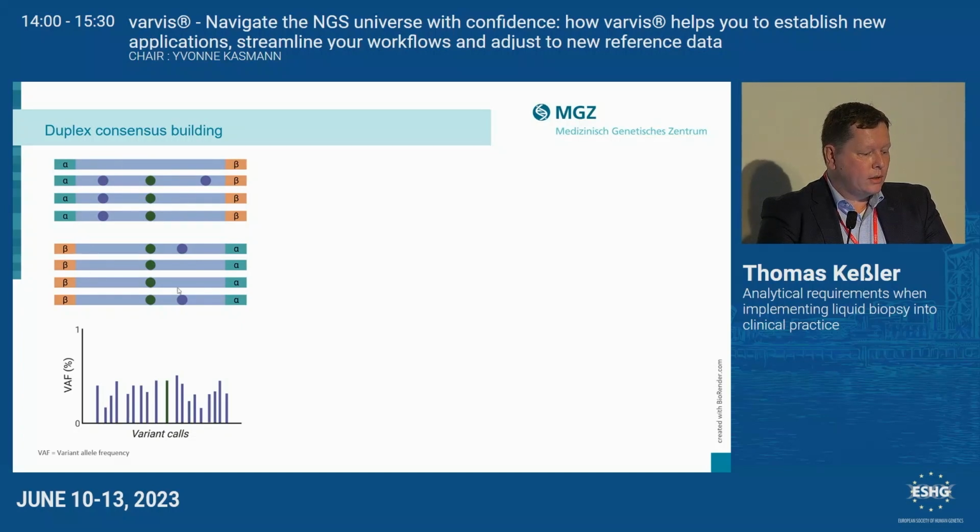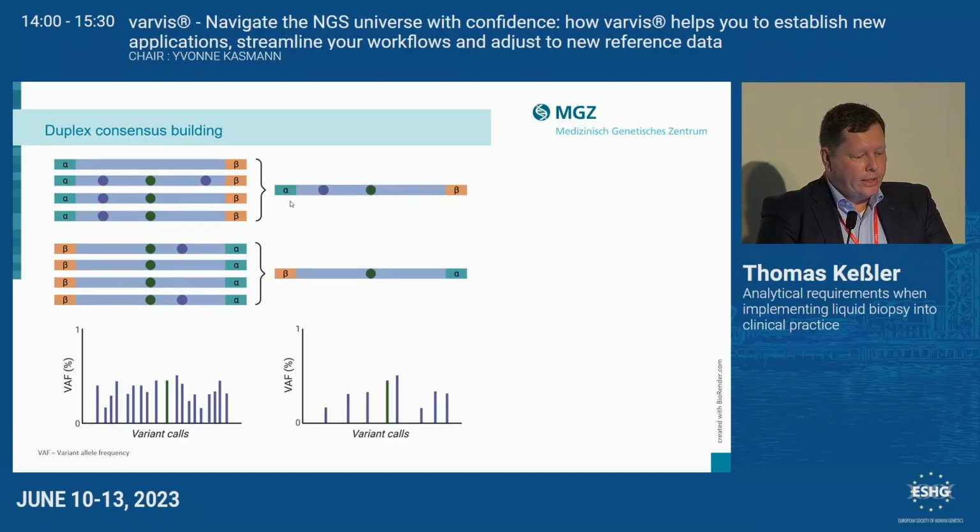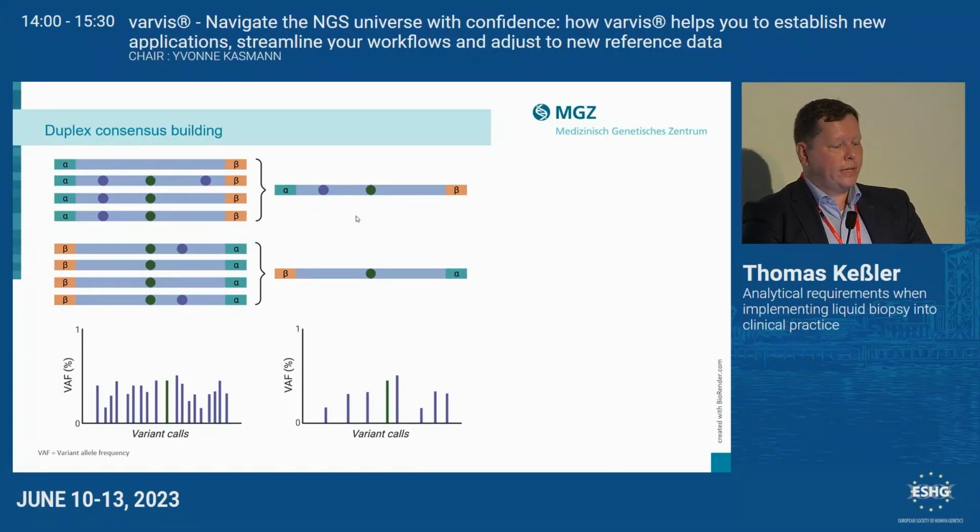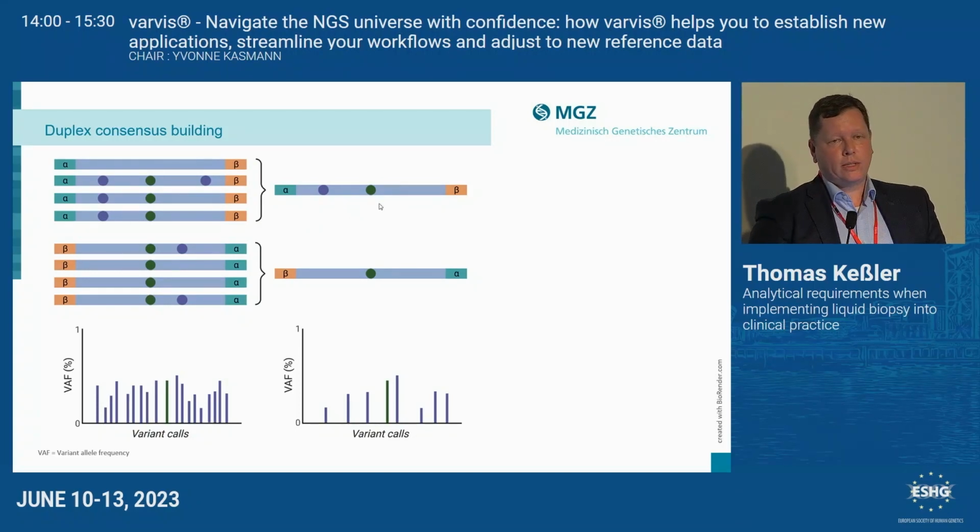If you would just look at the raw reads here, you would have a lot of variants called that are noise and that you want to get rid of. So in this approach, you would collapse all of the same duplex sequencing sites based on their tags to reduce the noise and to collapse a lot of sequencing data into consensus reads, thereby reducing the number of false positives.